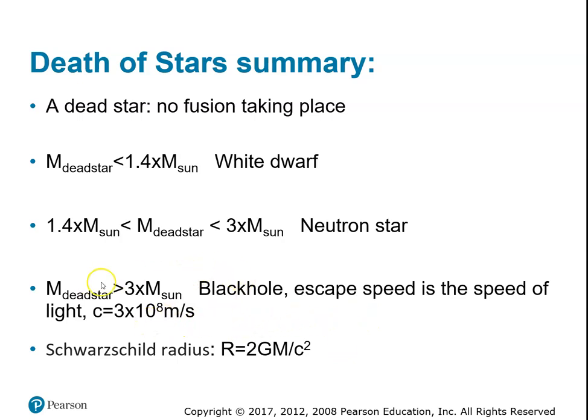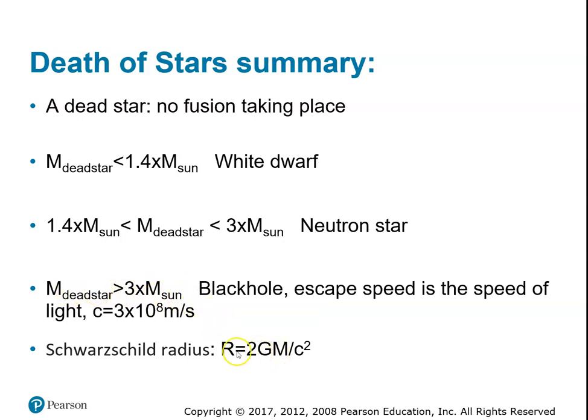Now, there's no way for the Earth to squeeze down to that size, right? It's only really massive dead stars, stars that start out way more massive than the sun and end up 3 times the mass of the sun, whatever's remaining after the explosion of the supernova, that could become a black hole.